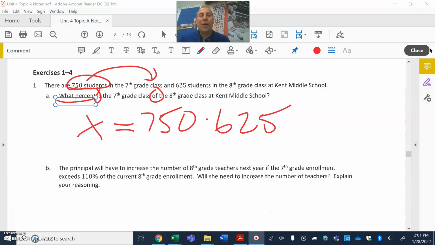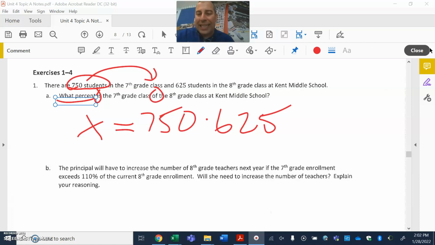Okay, so this is the idea that not one technique is always going to work. So I'm going to go back to the part and the whole because I can kind of see this here. 7th grade, and then we got the 8th grade. Okay, so what percent is the 7th grade class of the 8th grade class?